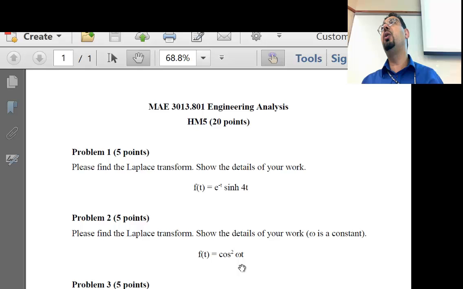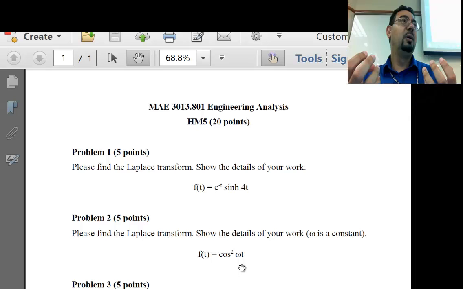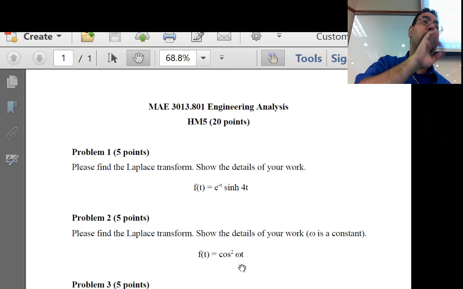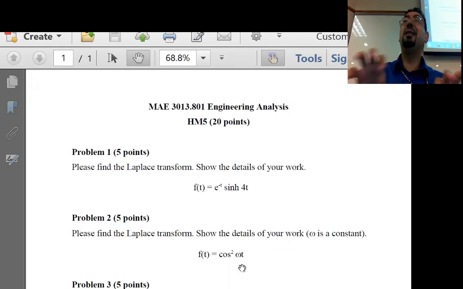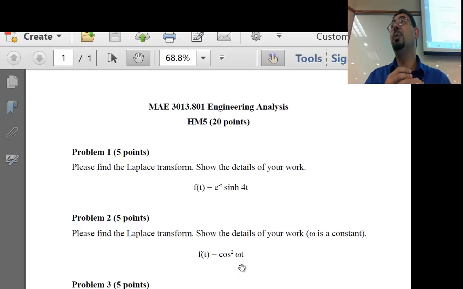It's the cosine squared omega t. Unfortunately, the table doesn't have cosine squared. So we have to use the concept that we have to break this into things that we know exist in the table. We want to break it into things that actually exist in the table, so that we can use the table on them. All right.